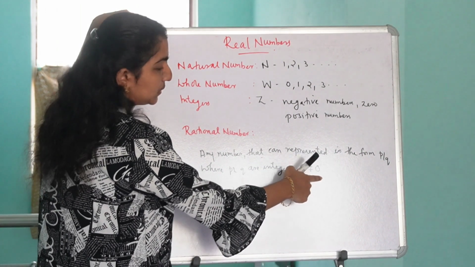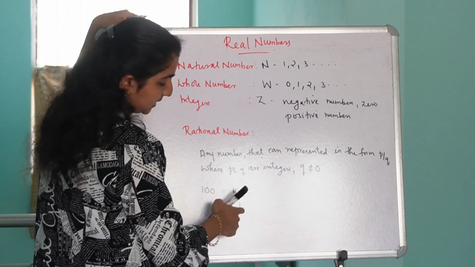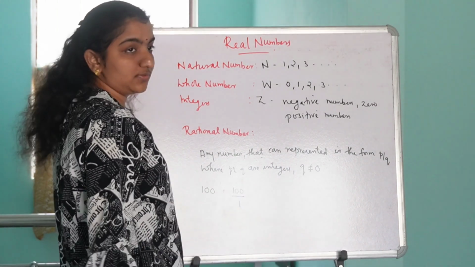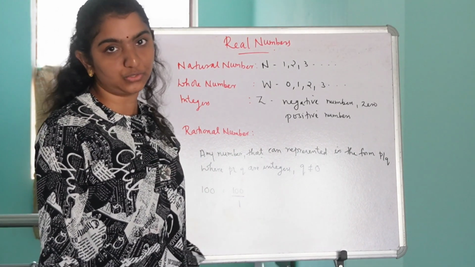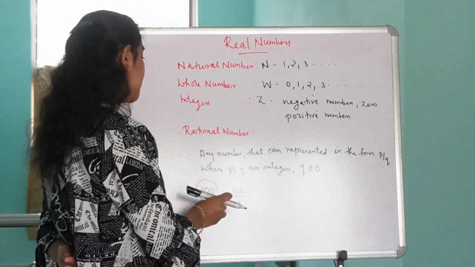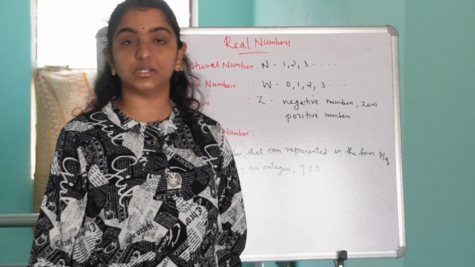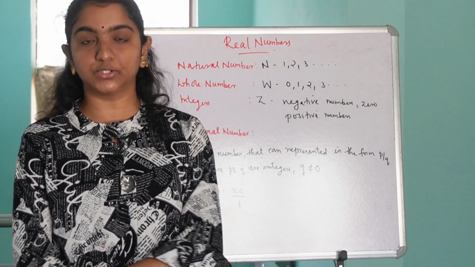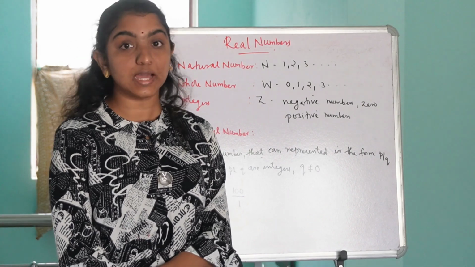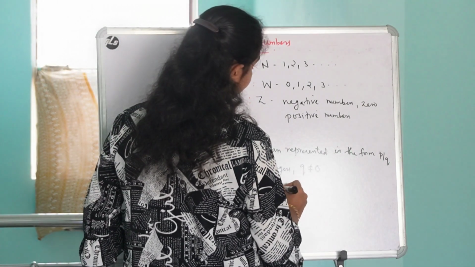Here it is given that q should not be equal to 0, and in this case q is equal to 1, and we know 1 is not equal to 0. So the number 100 can be written in the form p by q, where p and q are integers and q is not equal to 0. So we can conclude the number 100 is a rational number. Okay, so let's take another example.